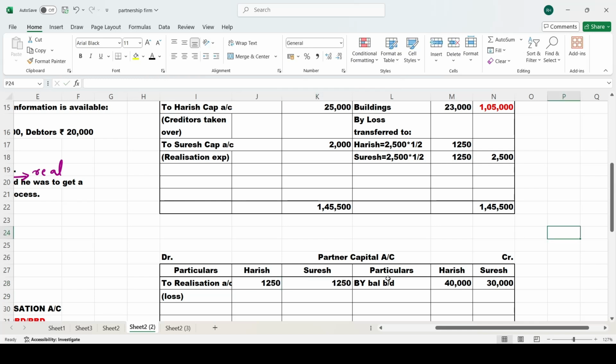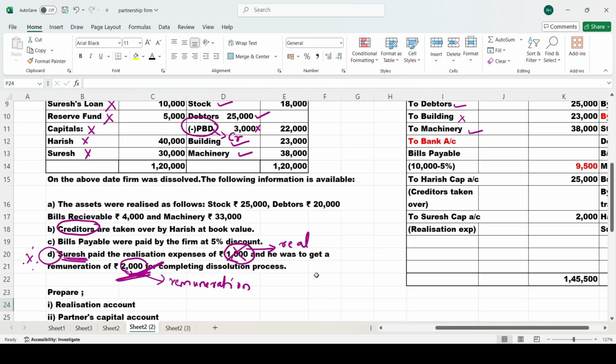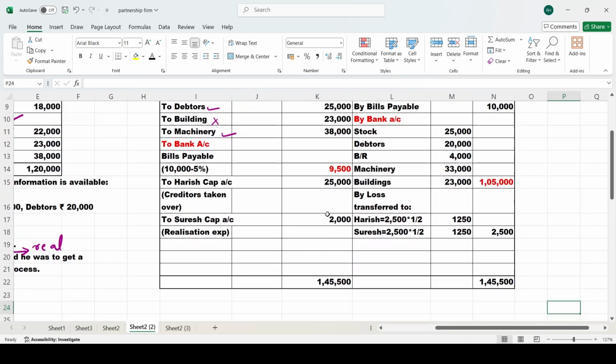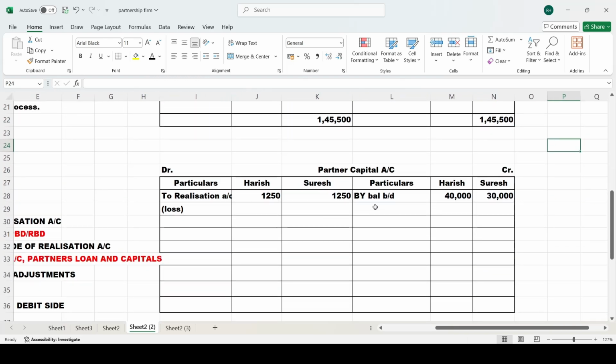Now after this, you check whether any general reserve or reserve fund is given in the problem. Yes, you have reserve fund here, 5,000. That should be distributed among the partners equally because they are sharing the profits and losses equally. It will go to the credit side by reserve fund. Reserve fund, it is 5,000.